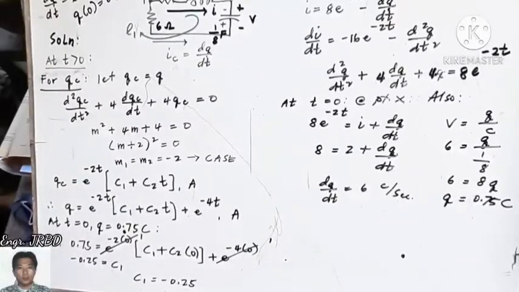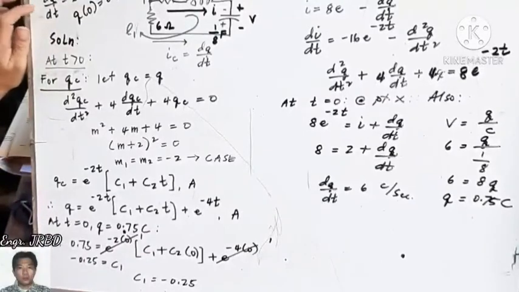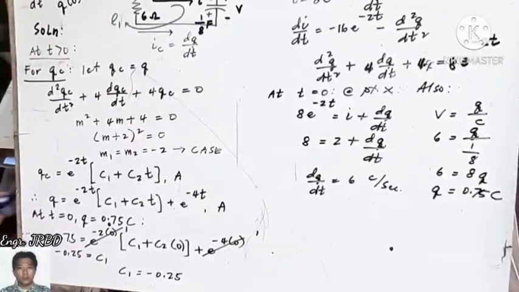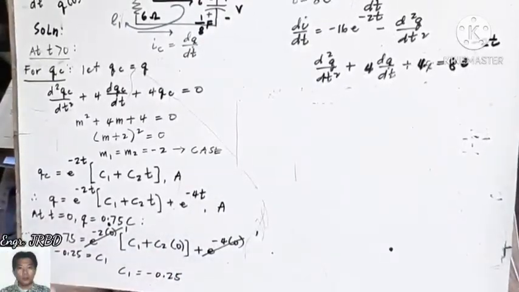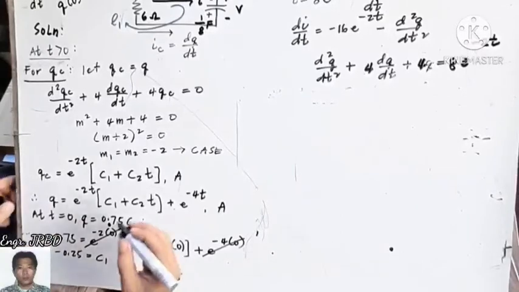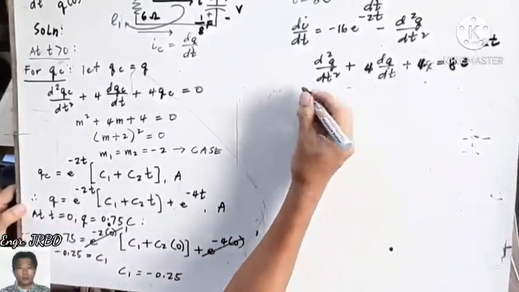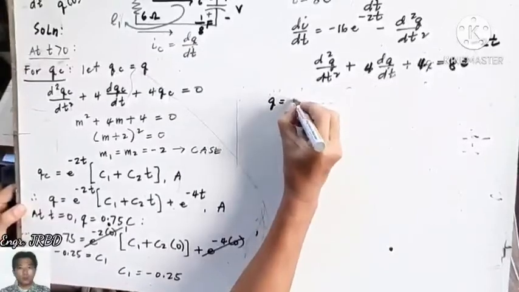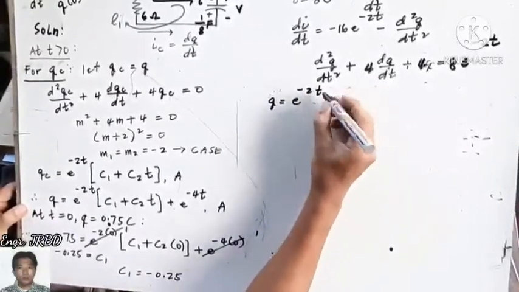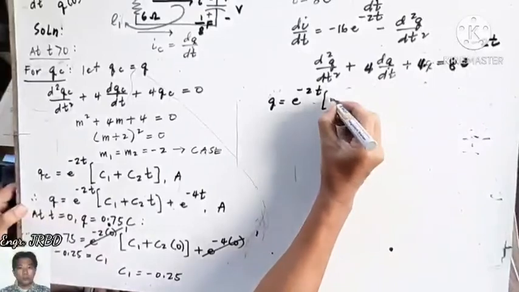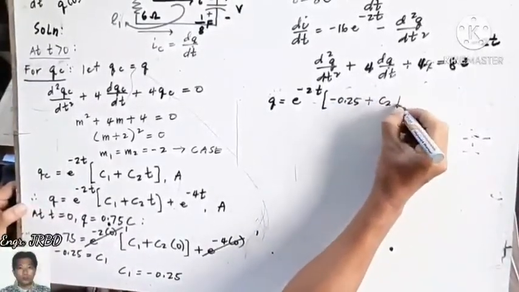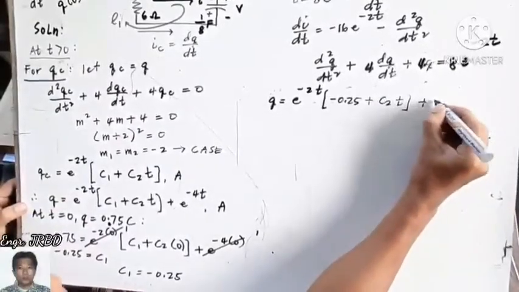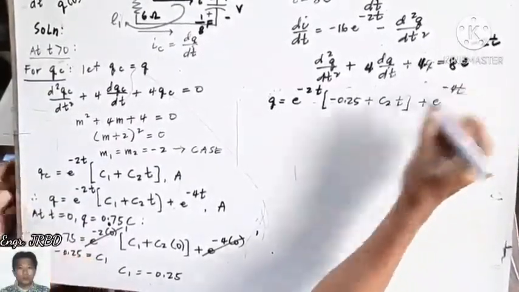Okay. Next, we need to have the derivative of Q with respect to t from this equation. Okay, let's try to write down our general equation. Q is e raised to negative 2t times negative 0.25 plus C2 times t, plus e raised to negative 4t.